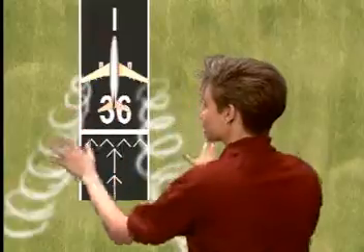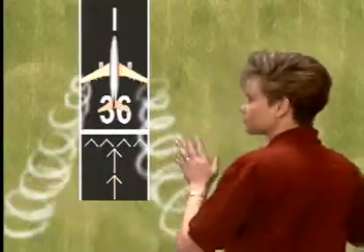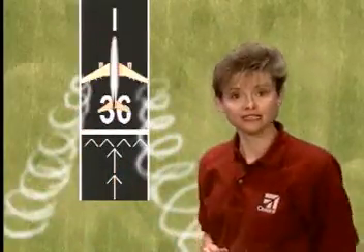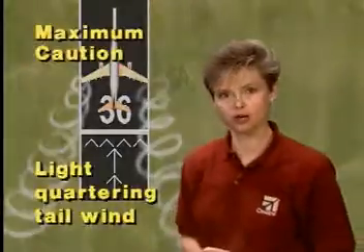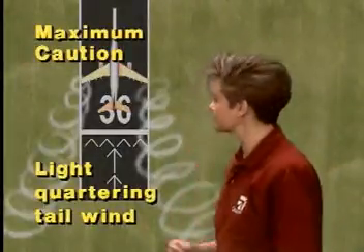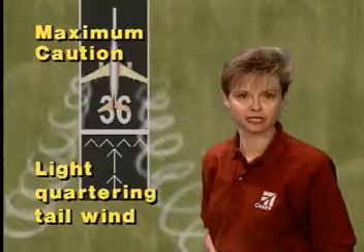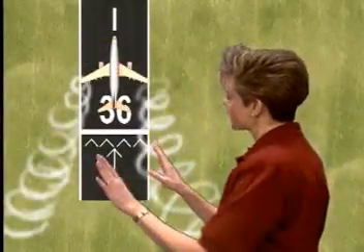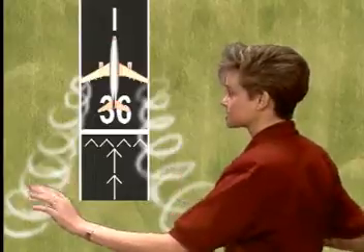Also, you need to know that when the vortices get near the ground, they tend to spread apart and drift with the wind. And the one condition that requires maximum caution when you're avoiding wake turbulence is a light quartering tailwind. Now here's why. Let's assume that these vortices drift apart at a rate of 5 knots.